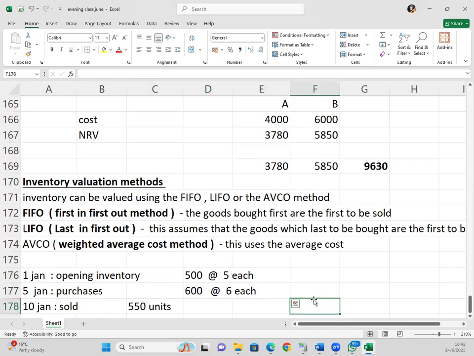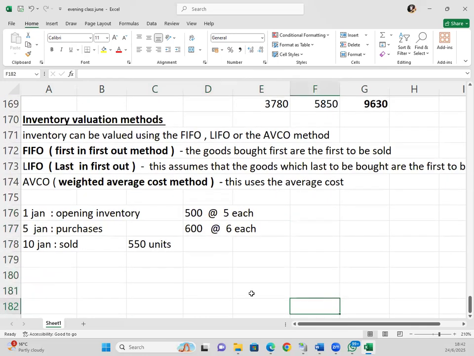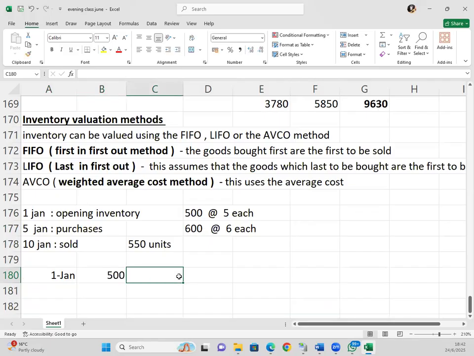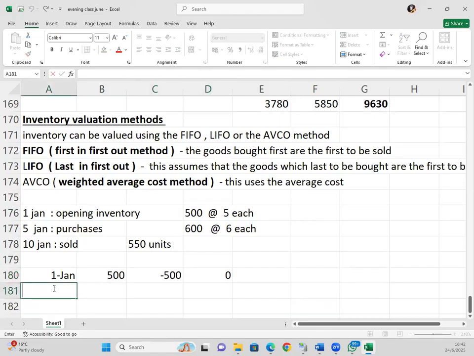So if we are using FIFO, the assumption is when you sold, you had inventory bought on 1 January of 500. So when you sold, you cleared that first. So you cleared that 500 units, meaning you remained with 0. Then 5 January, you bought 600 units.